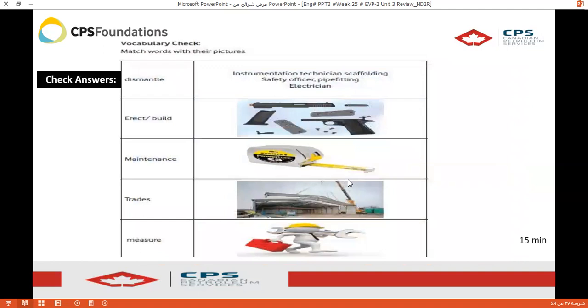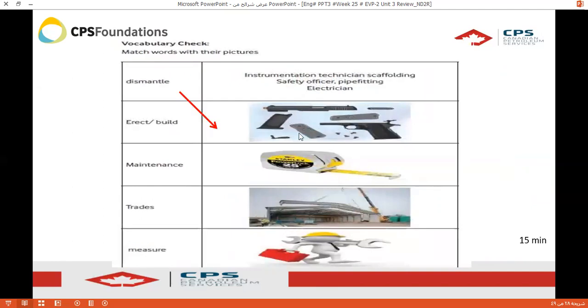Okay, let's do some matching here. Dismantle. Where is the picture for dismantle? You can use these equipments and devices to dismantle. Okay. Erect or build. To build is to make something be bigger and higher like this. Maintenance.